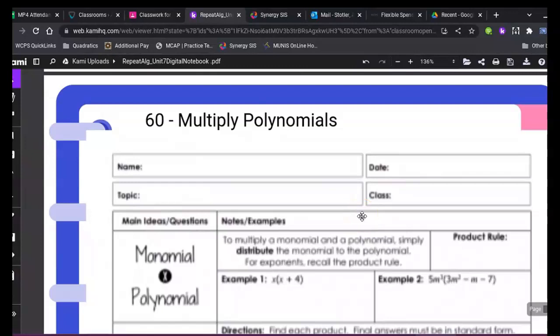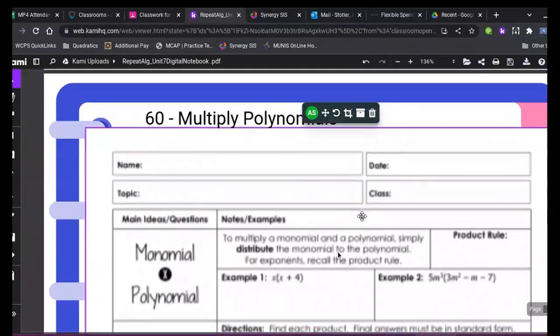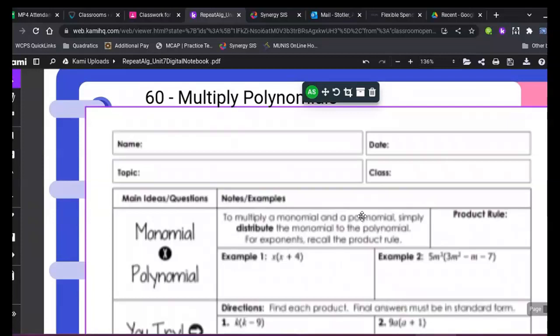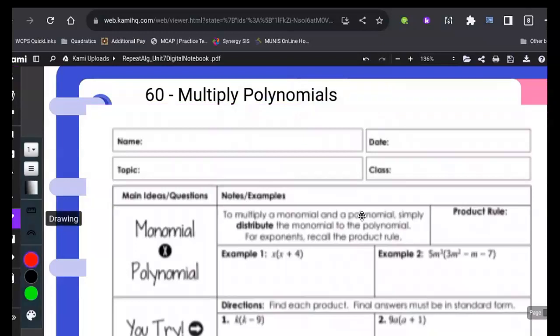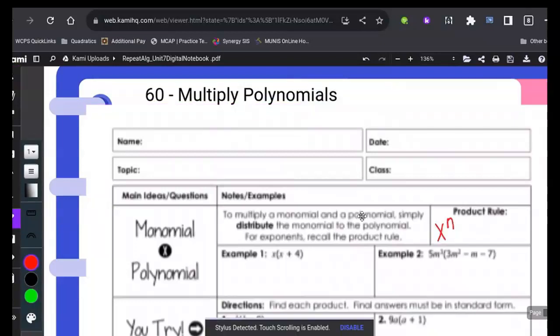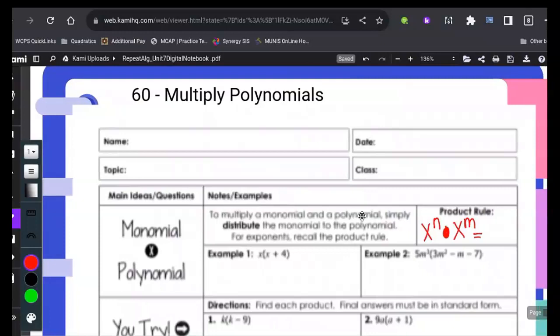All right, so multiplying polynomials. To multiply a monomial, which is one term, and a polynomial, simply distribute the monomial to the polynomial. For exponents, recall the product rule. The product rule says if we multiply two things with the same base, let's just say x to the n times x to the m, whenever they have the same base like that, we add their exponents.